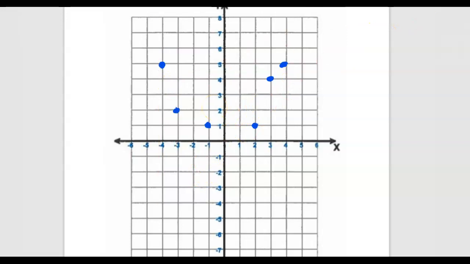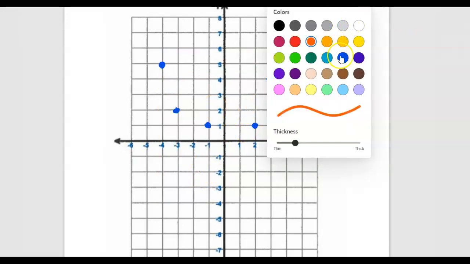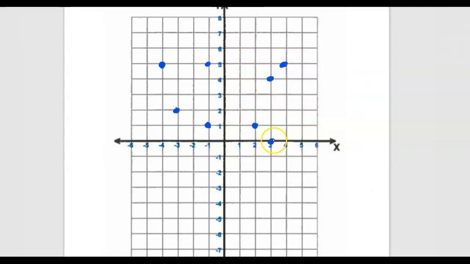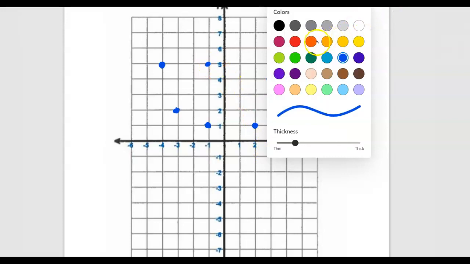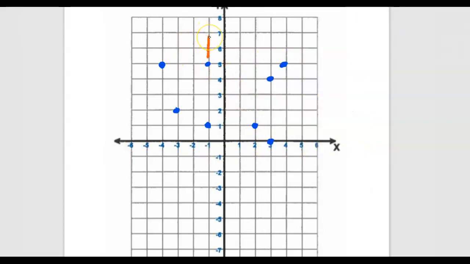But let's say that I put a couple of extra points on here, here and here. When I go to draw my vertical lines, notice this vertical line will touch 2 points. So this is not a function. In order for it to be a function, it has to pass the vertical line test, and therefore it has to have unique y values.